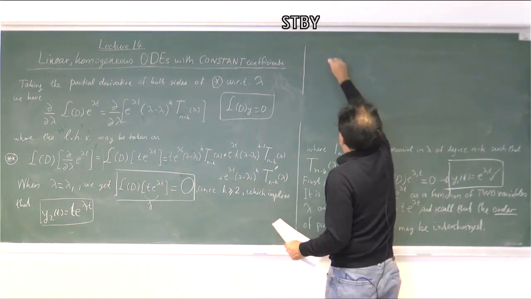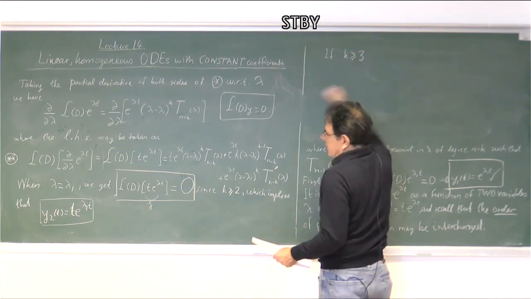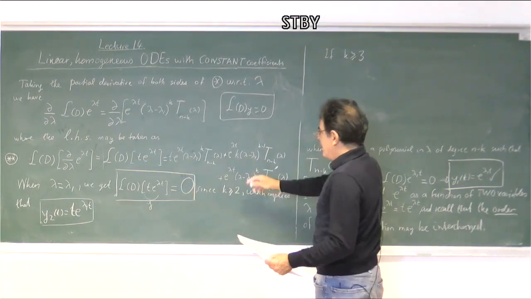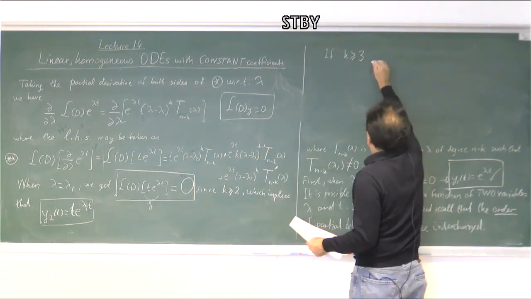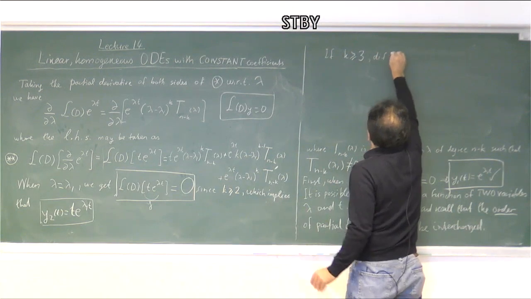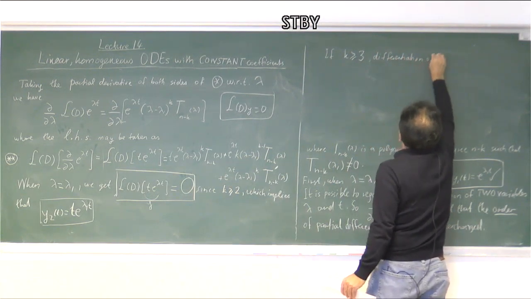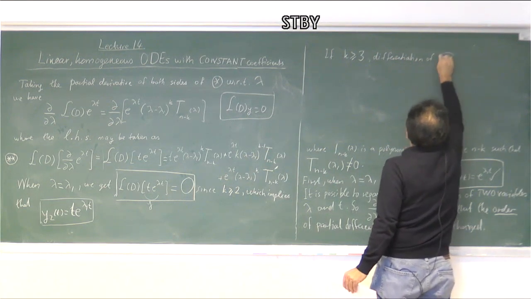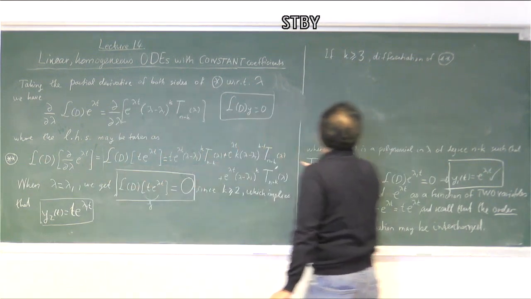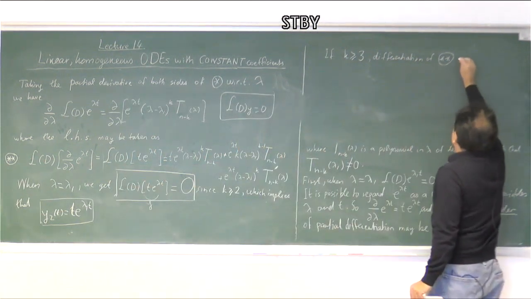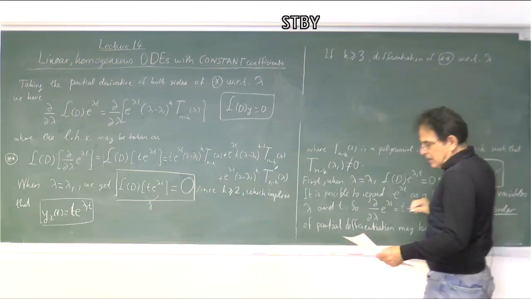Okay. So if k is larger than or equal to 3, okay? Now, differentiation of the equation in double asterisk once more with respect to lambda, okay?